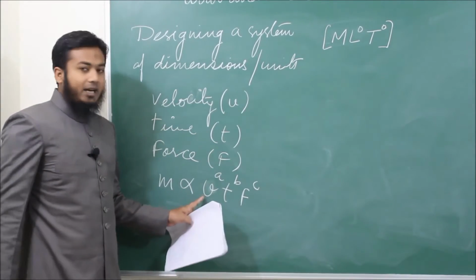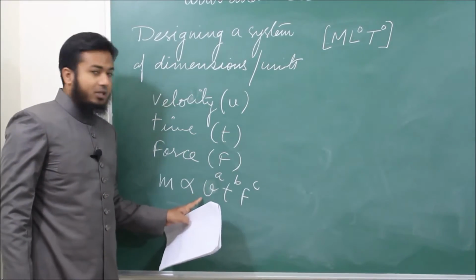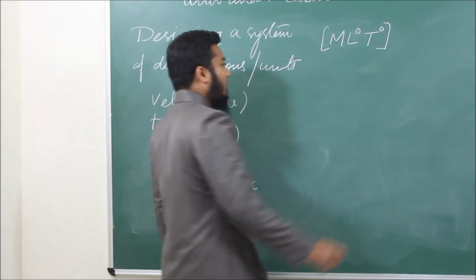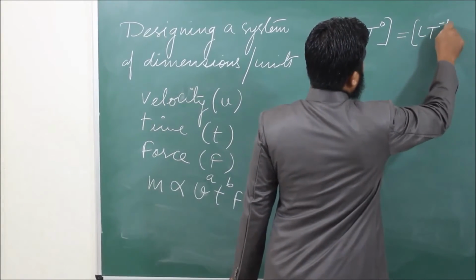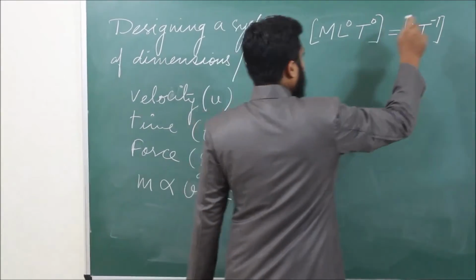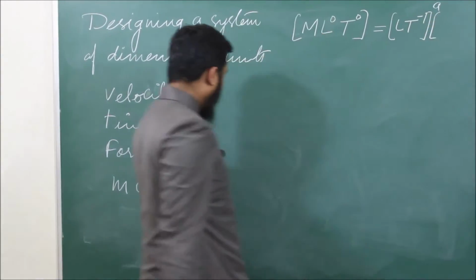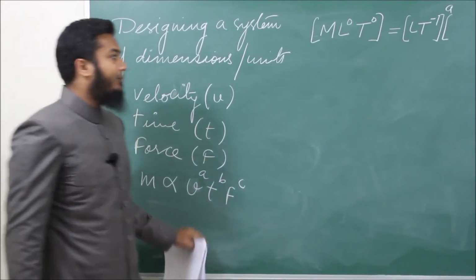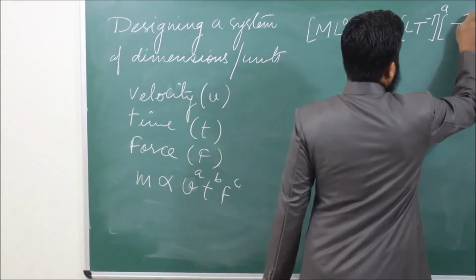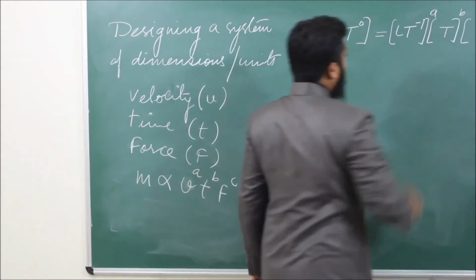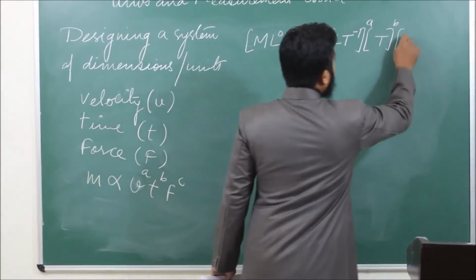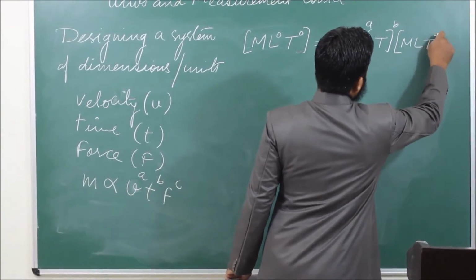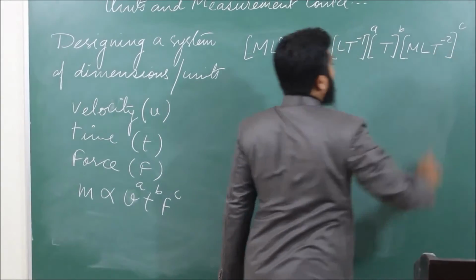On the right hand side we have velocity, and the dimensional formula for velocity is LT minus 1, and it has a power A. Then the dimensional formula for time is simply T, and it has a power B. And the dimensional formula for force is MLT minus 2, and it has a power C.